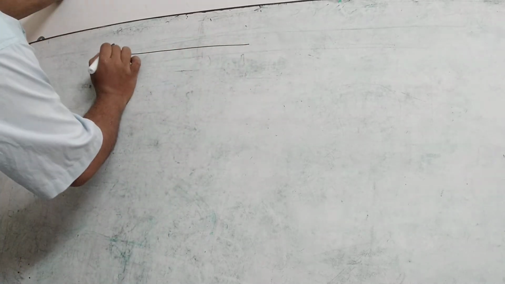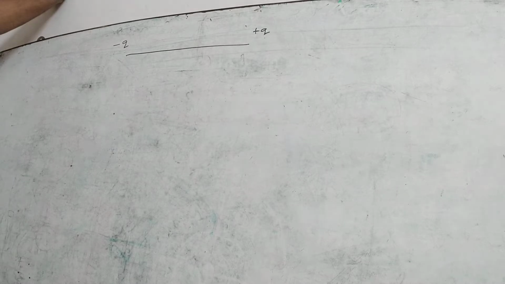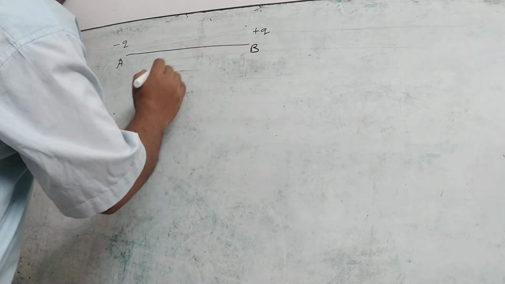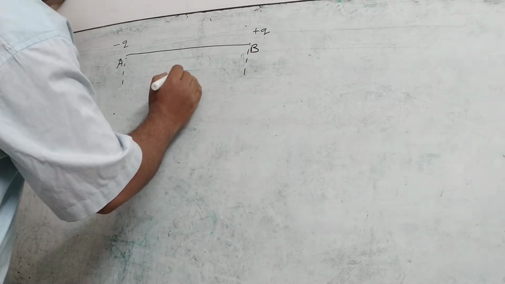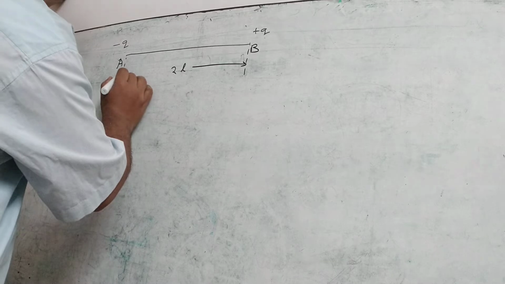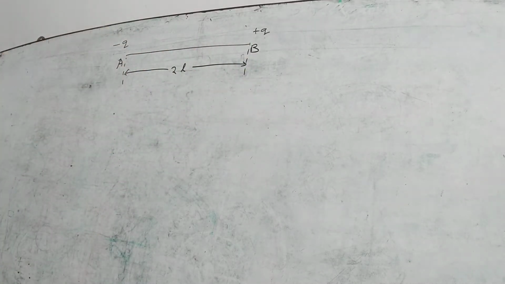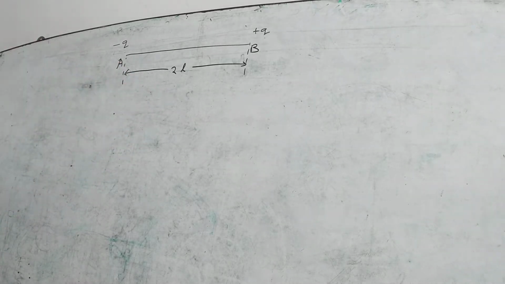That is, if minus q and plus q are two point charges separated by a distance 2l, then this system is known as an electric dipole.